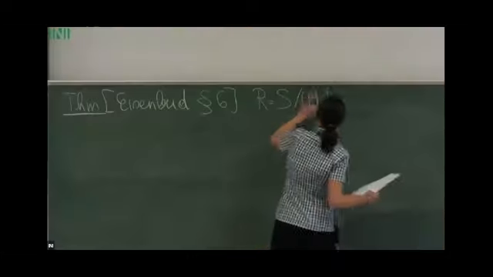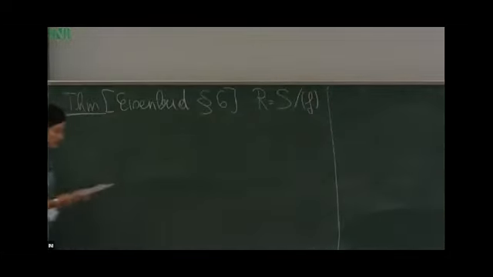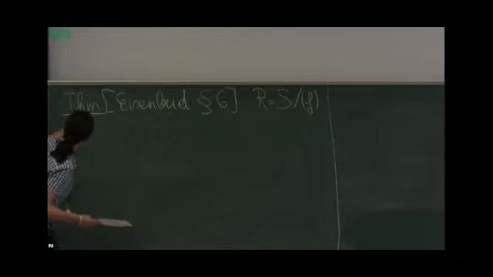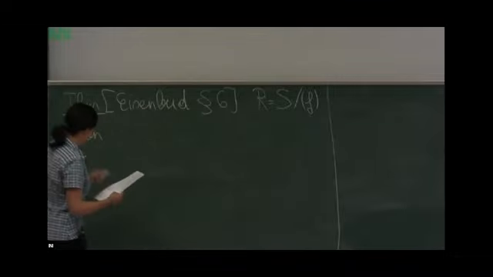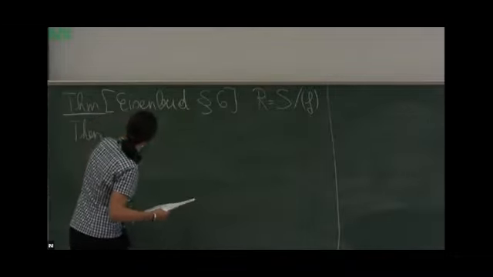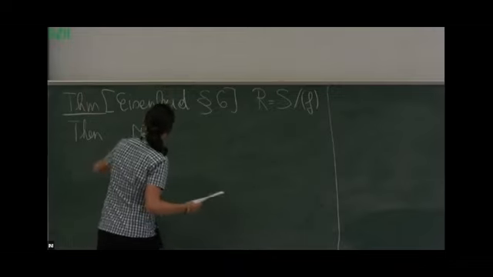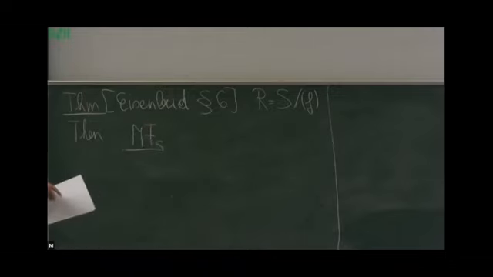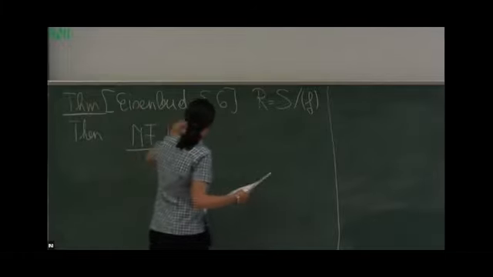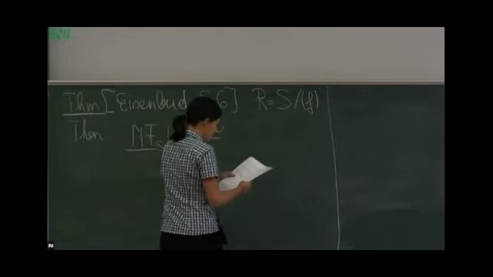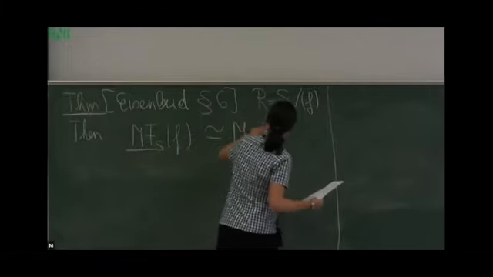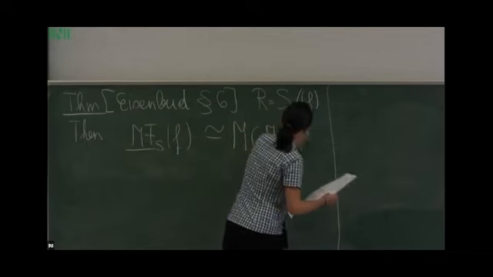We have R, as always, S mod F, the hypersurface, where we mod out by this element F in S. Then we have an equivalence of categories: the category of matrix factorizations, where we mod out by this one, is equivalent to the category of all maximal Cohen-Macaulay modules over R.